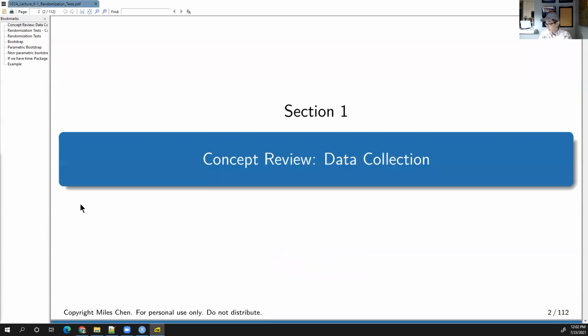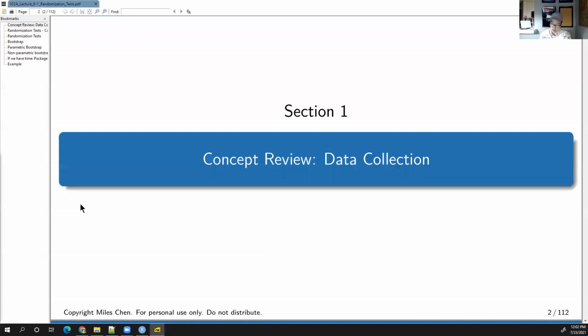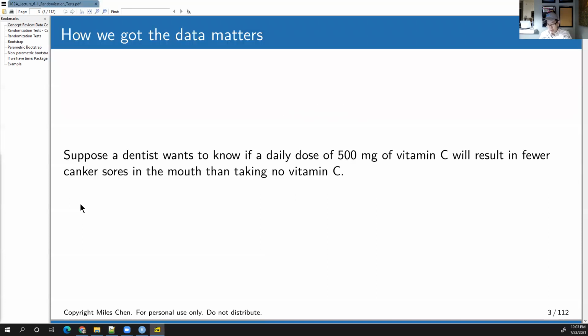Okay, so we left off, and I think we ran out of time to review data collection. How we collect data actually matters as far as what kind of tests we can do, what kind of conclusions we can make, and all sorts of stuff like that. Here is a silly example that we're going to revisit a few times.